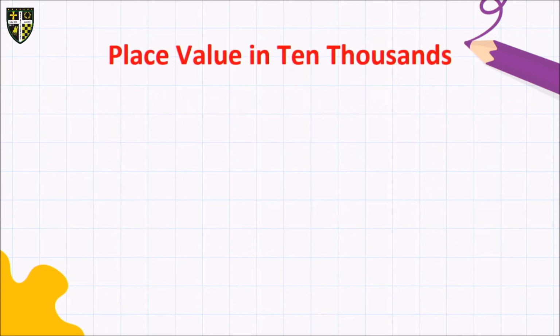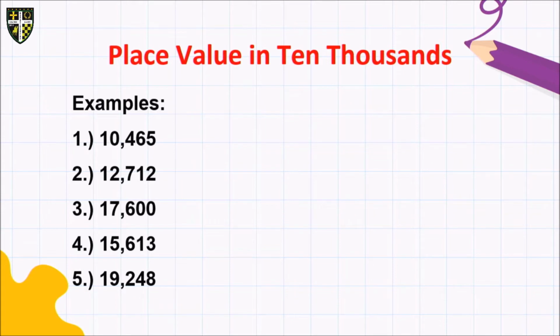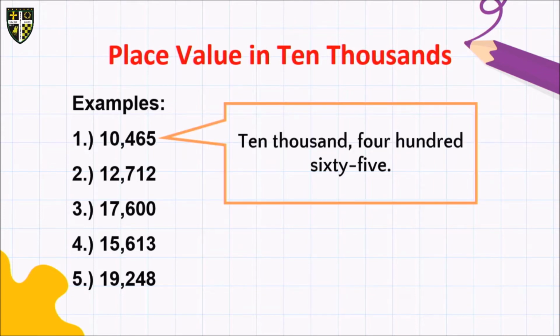Next, we have place value in 10,000. So we have 10,465, 12,712, 17,600, 15,613, and 19,248. Again, these five examples, we will write into words.